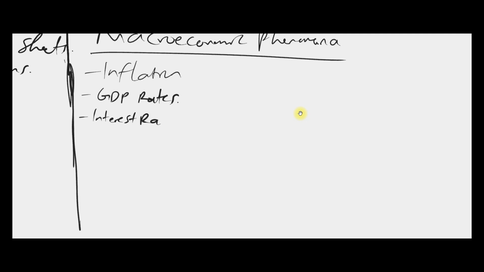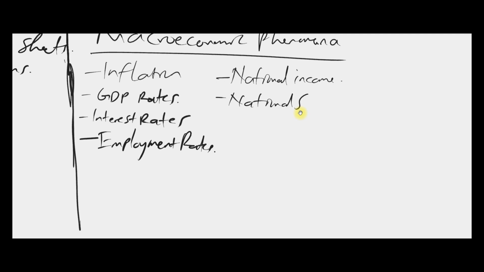This is also where we talk about national income, spending, budget allocation, imports and exports, government debts, public spending, and public expenditures, all that stuff. This is all macroeconomic phenomena. When you talk about macroeconomics, this is the stuff we're talking about.